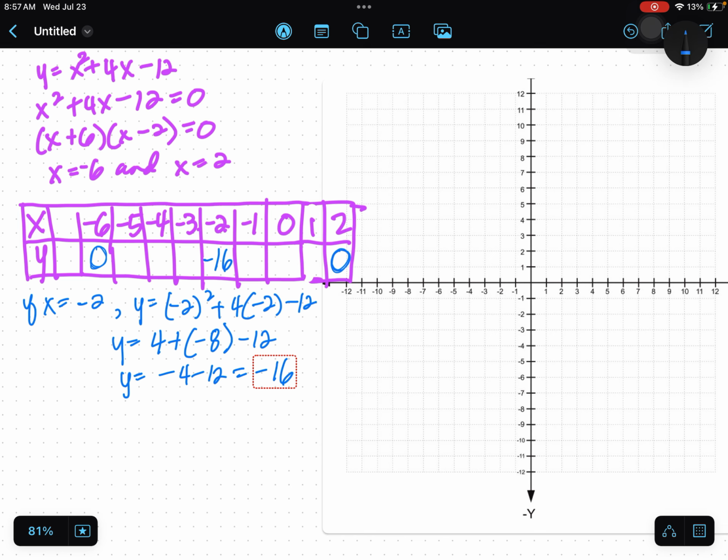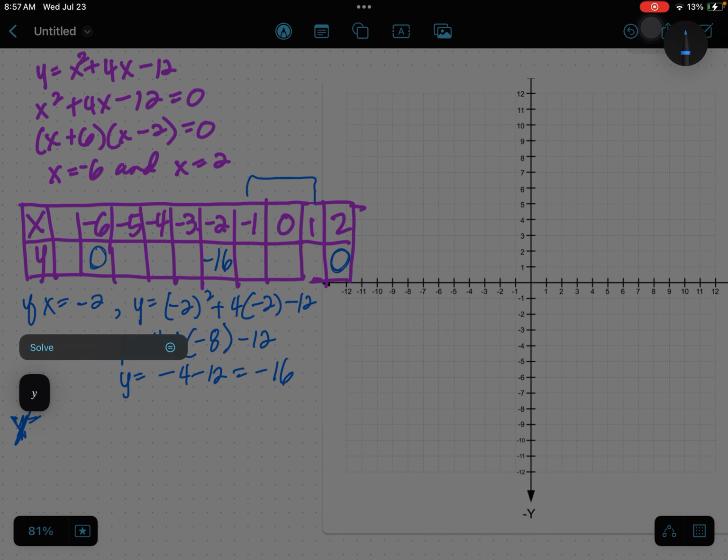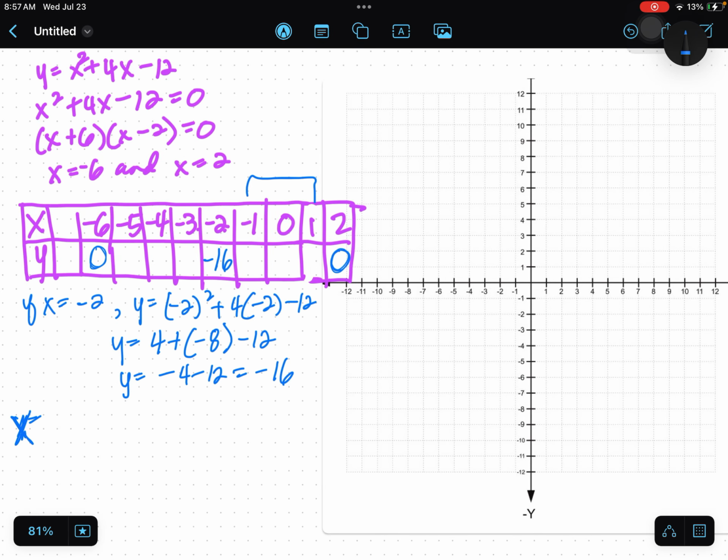Tapos, ang mangyayari na dito, if you actually have your vertex, you don't need to solve one side. All you have to do is solve, for example, ito, kasi ito, madadali lang yung values nito. And then just provide mirror images on the other side. So I will show you. If x is, let's say, negative 1, so y equals negative 1 squared plus 4 times negative 1 minus 12.